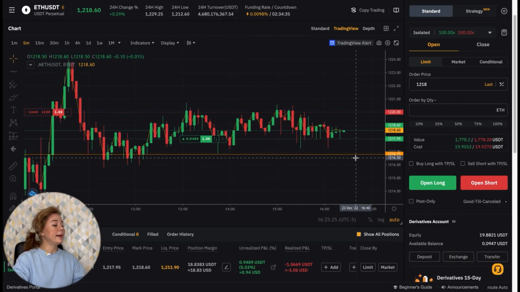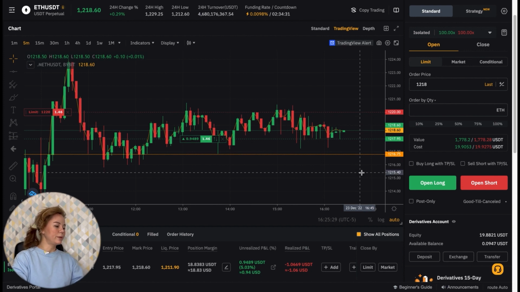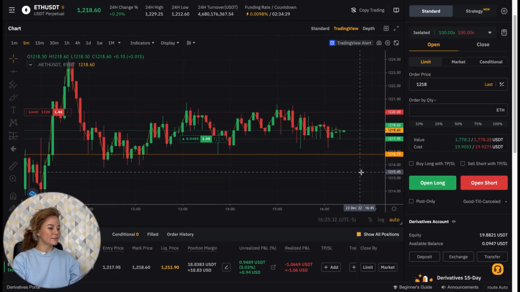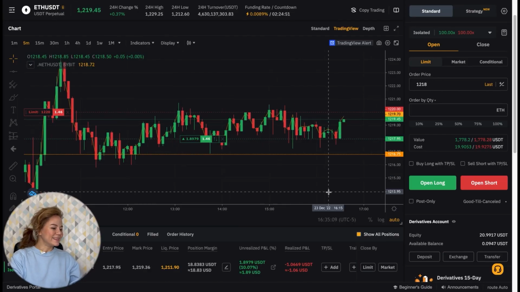Order submitted. As you can see, that goes in 3 steps. So we place our limit, we put the price to open the order, and then we wait. A few minutes later. Well, just look at it.